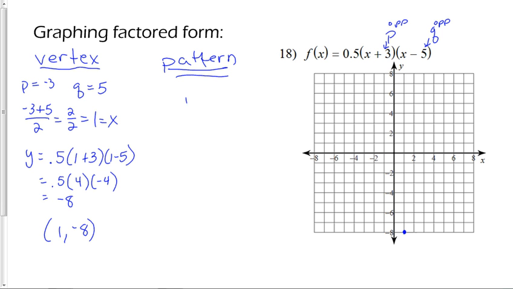And now the pattern is 1, 3, 5. We need to multiply by the a. And a is right there. So we'll multiply each one of those by 0.5. And our new pattern is 0.5, 1.5, 2.5.